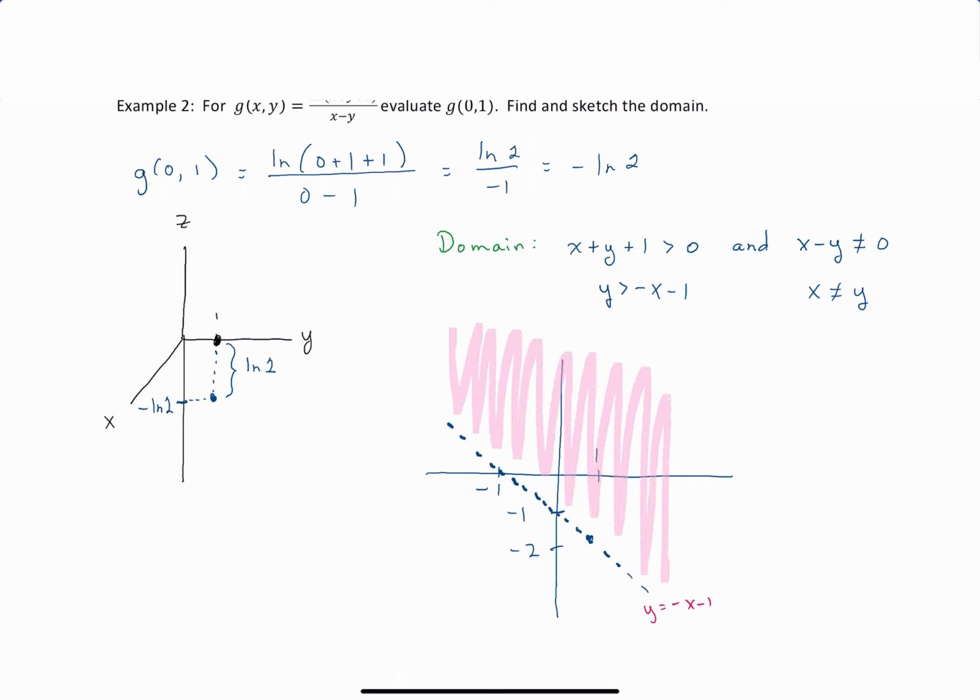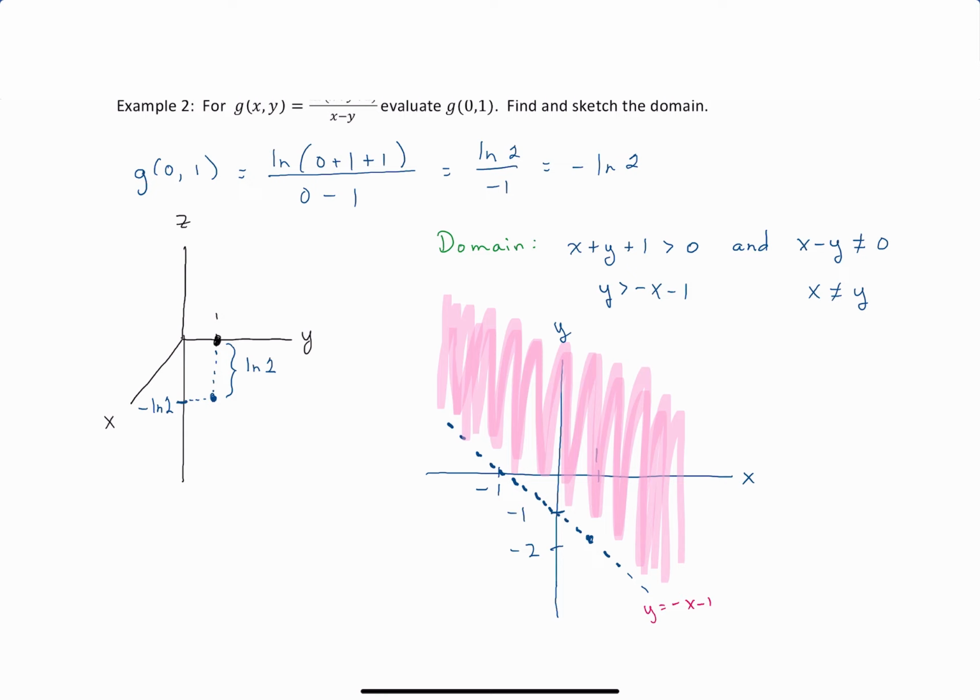So when you're graphing a linear inequality like this, you're going to be shading in half the xy plane, and the boundary line between the stuff you shade and the stuff you don't is the line that you get by replacing the greater than with an equals. Now, what about this business of x not being equal to y?